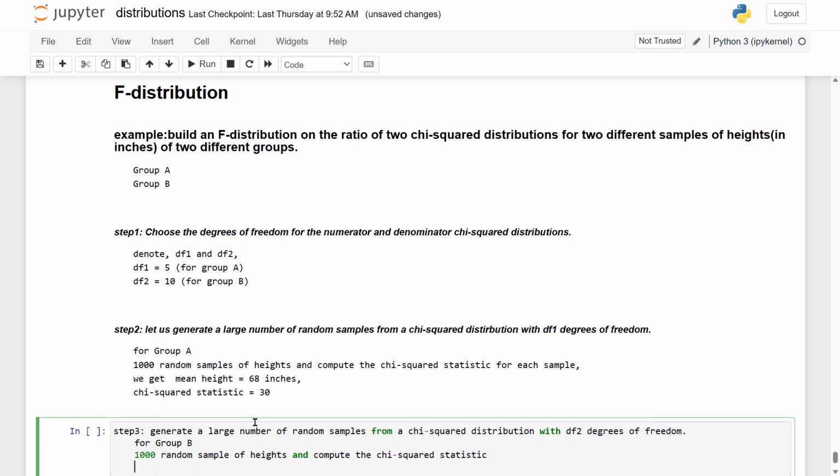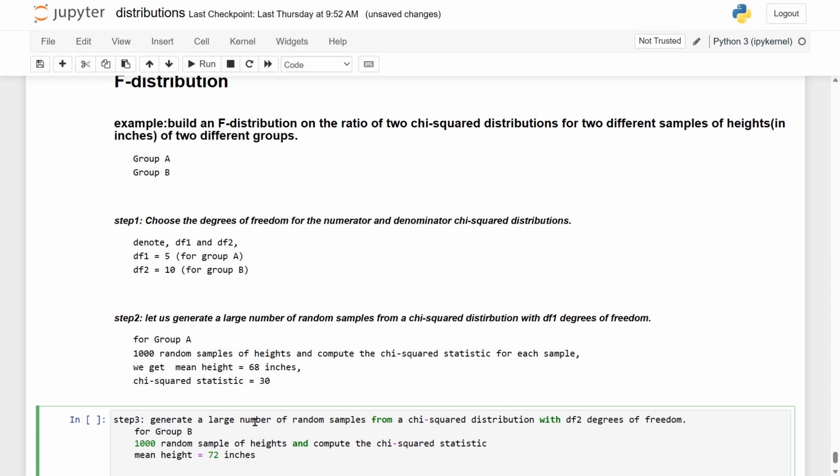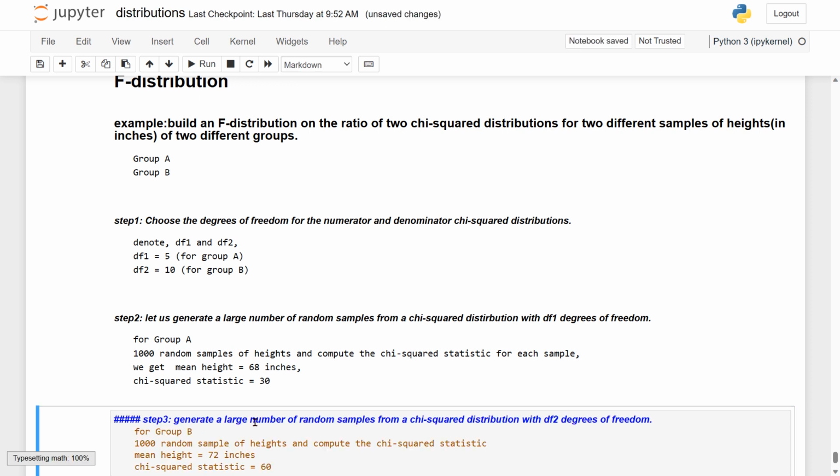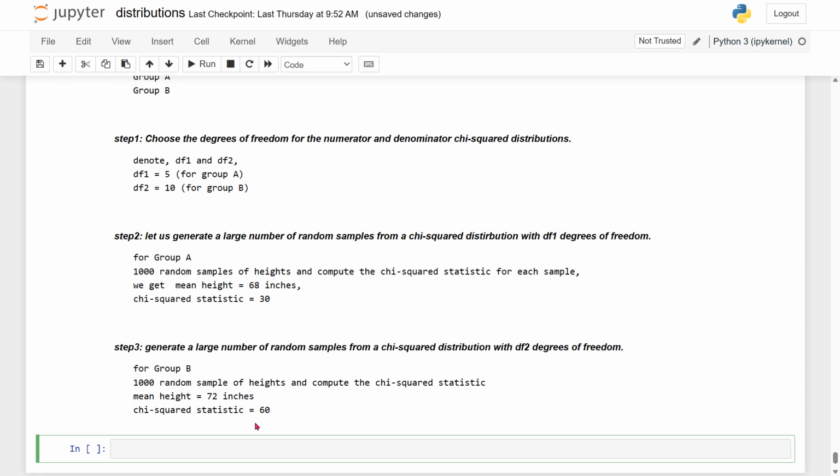The mean height of this group is 72 inches, and the chi-squared statistic for this group we got is around 60. It's too much, but that's okay, no issue. So that's how df1 and df2's information is calculated.